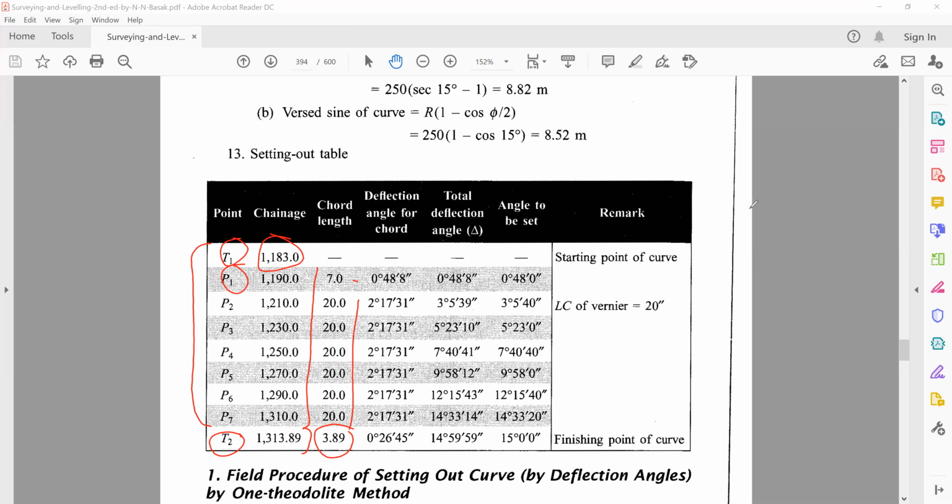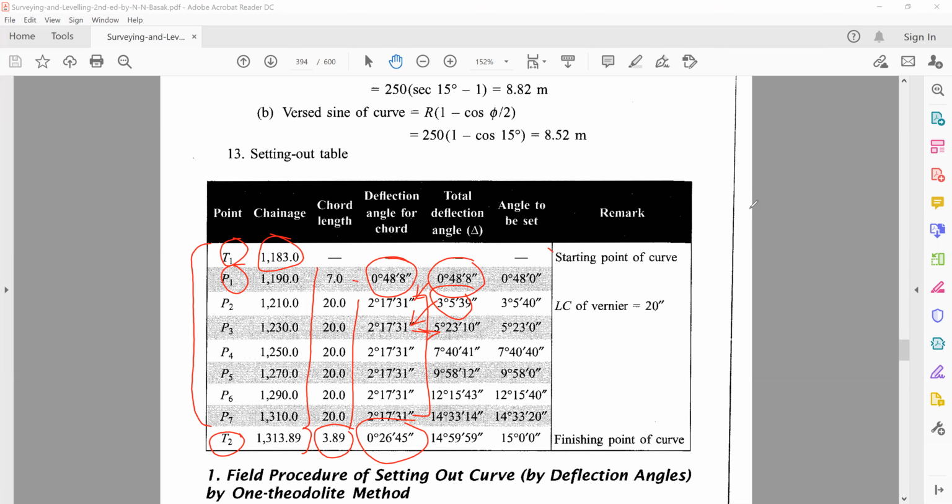Based on this, we would get three values of deflection angle: one for the initial subchord, one for the final subchord, and the same value for all the other ones, because the chord length remains the same. And then for the total deflection angle, you can just keep adding them. So 0 degrees 48 minutes and 8 seconds plus 2 degrees 17 minutes 31 seconds. You will get this value, then add these two and you would get these values. You can keep adding them up.